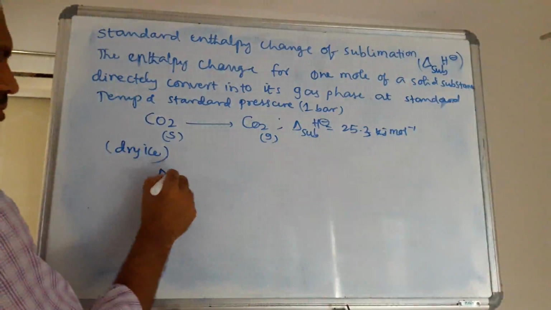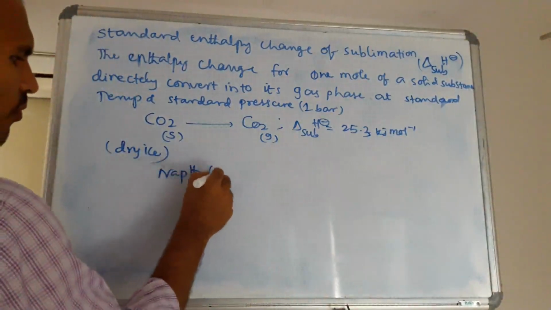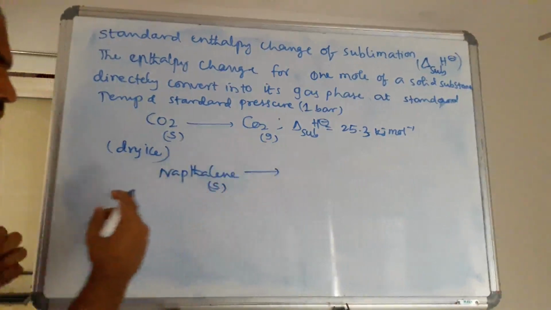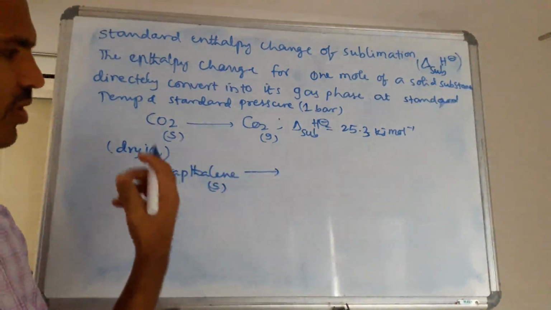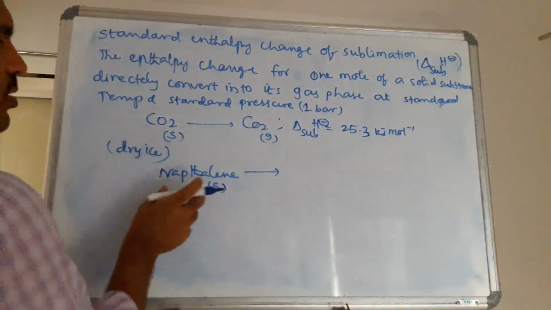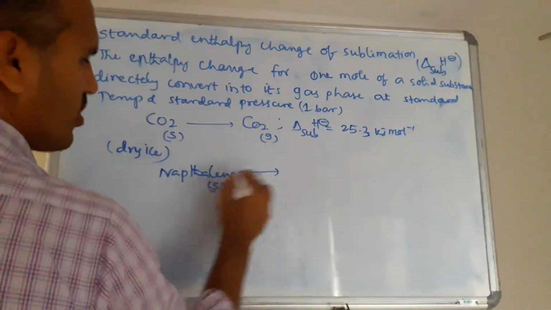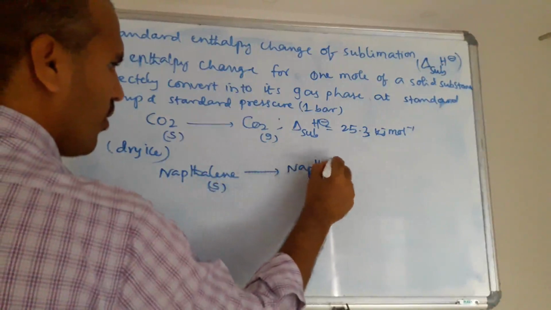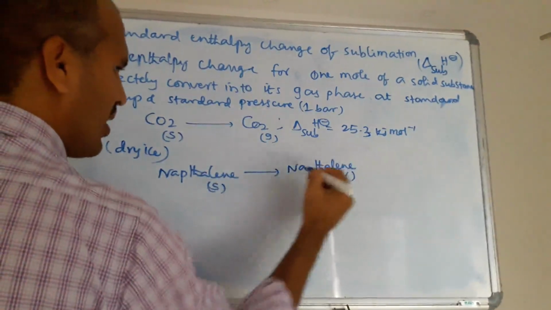Next, naphthalene. This naphthalene solid, you know, is also known as naphthalene balls. These are used to preserve clothes and in toilets also. Solid naphthalene is directly converted into naphthalene vapor or gas.